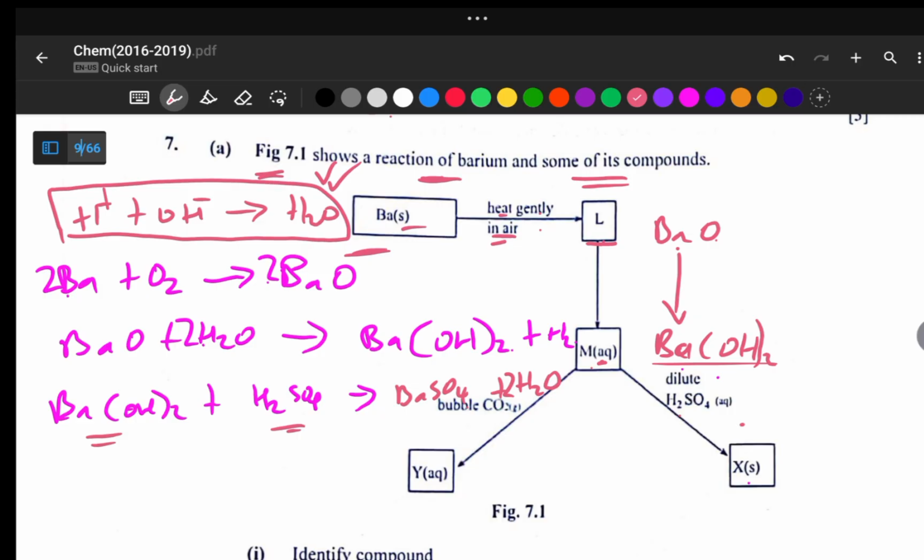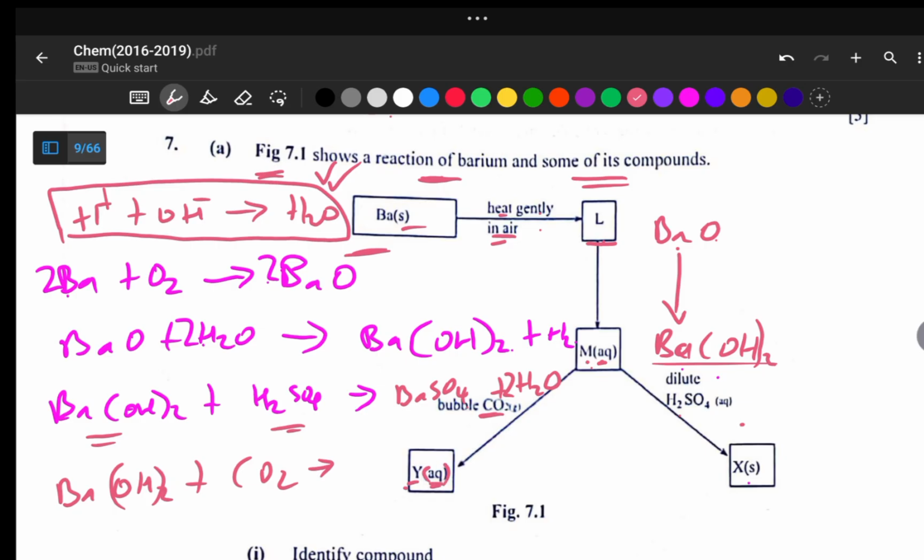The equation says M, and then we are going to bubble carbon dioxide, and then we are going to have Y. So Y is in aqueous form. We were supposed to have the reaction between barium hydroxide plus carbon dioxide to give barium carbonate, but you are having it in aqueous. Barium carbonate is insoluble.